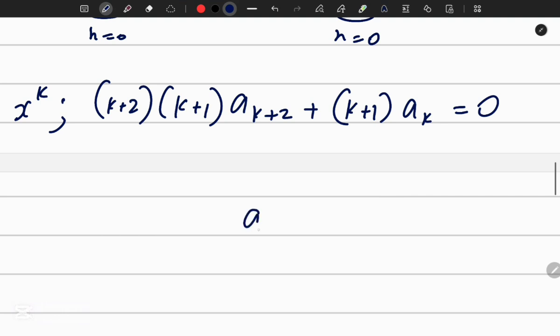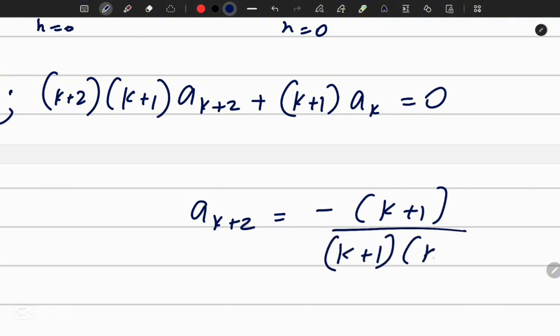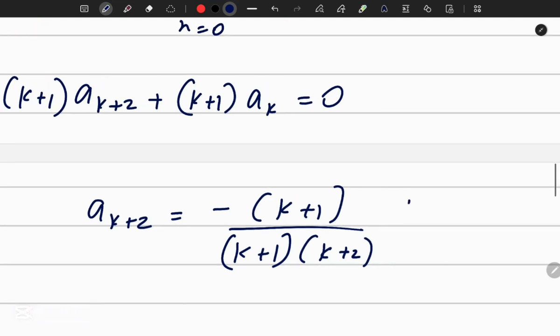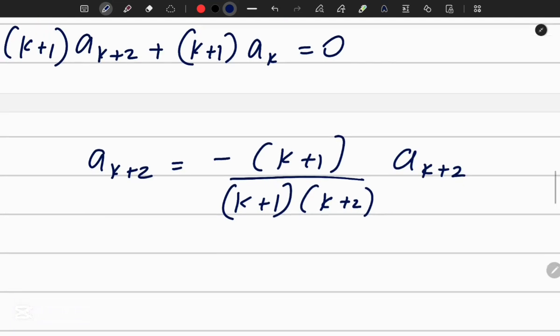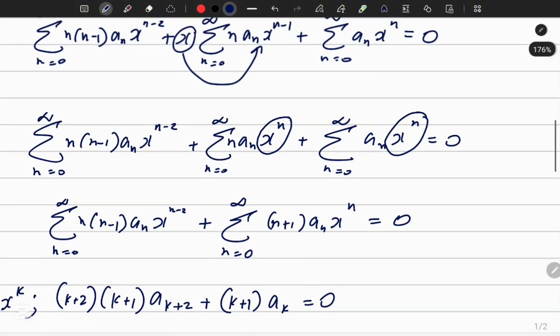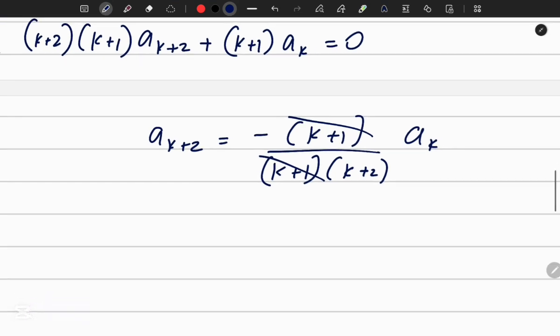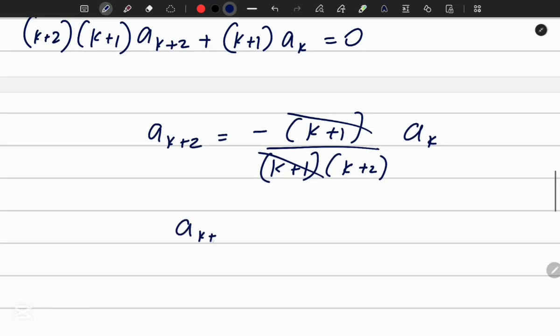So a_(k plus 2) equals minus (k plus 1) over (k plus 1)(k plus 2) times a_k. The k plus 1 cancels out, so a_(k plus 2) equals minus 1 over (k plus 2) times a_k.